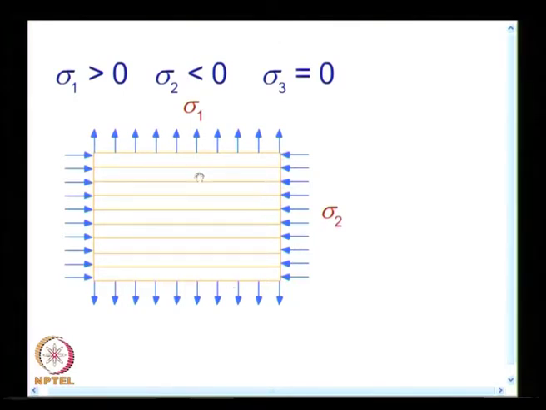So, by looking at the crack formed, I can comment that this is a combination of uniaxial stress, either I can have uniaxial stress or you have a tension compression.